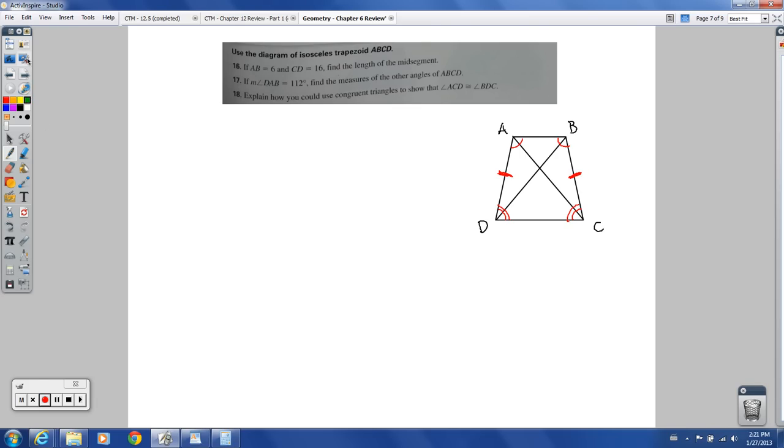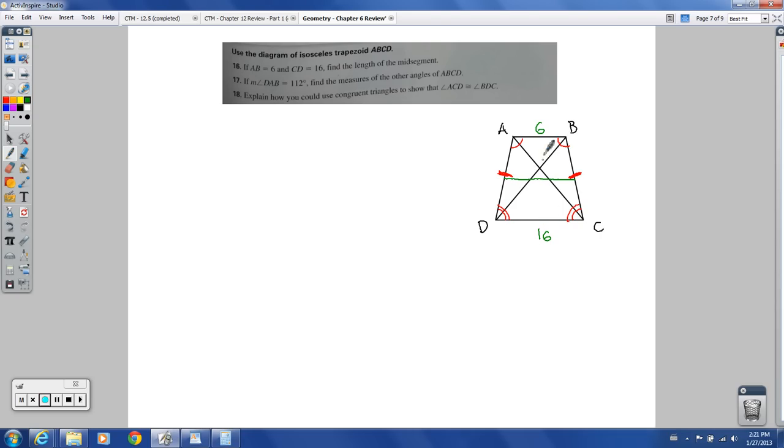So let's see what we got here. I'll use green for this one for the things that I might be erasing later. So AB is 6 right here. CD is 16. We're going to say that's true. We're trying to find the length of the mid segment, so the one that would connect the midpoints. So what's the length of that mid segment going to be? I'm going to undo the green stuff there, but hopefully it's easy to tell. If you remember about trapezoids, it's going to be the average of the two bases. And so this part's parallel to this part.